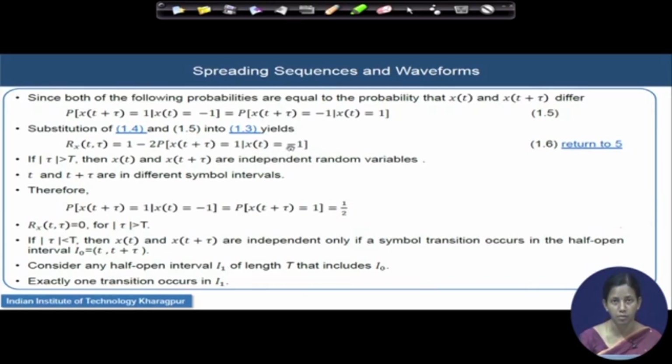Please do this derivation by yourself and see whether you are converging. It is a very easy substitution to converge to equation 1.6.